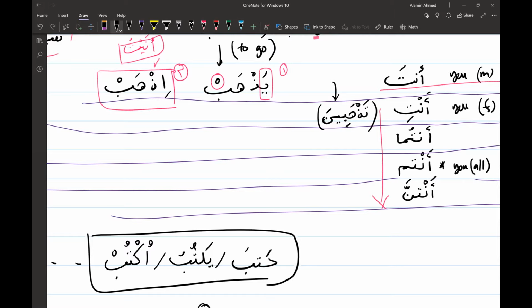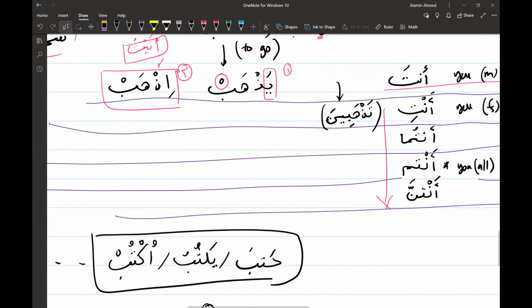This is good for mansub and majzum. So in the Quran, when you see this and there's no noon, and you're scratching your head wondering what's going on, this is your clear indication that the verb is in the mansub or majzum state. You have to know the context. At that point, you have to understand this is not your standard marfu. Something is happening with this verb.